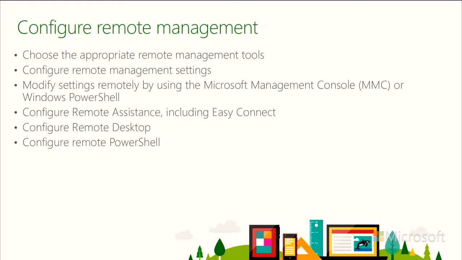And then remote management. Now, remote management, again, goes back to how do I access the operating system or the machine that I'm running from a remote system. So in this section, we cover basically some of the tools that you can actually use, from remote desktop to remote PowerShell, or even just using the MMC itself to open up the console, the actual image and actually do work on the actual system itself.